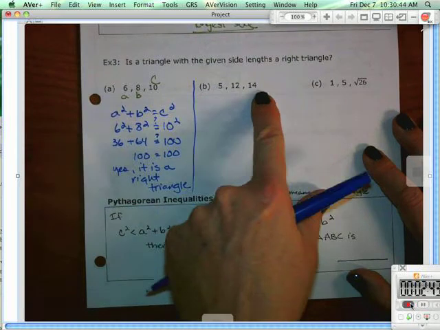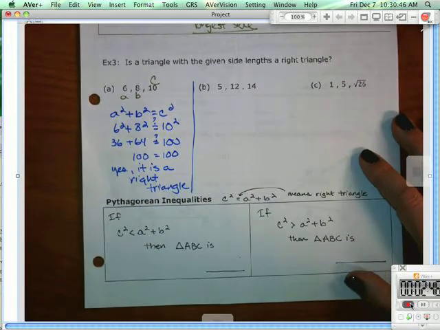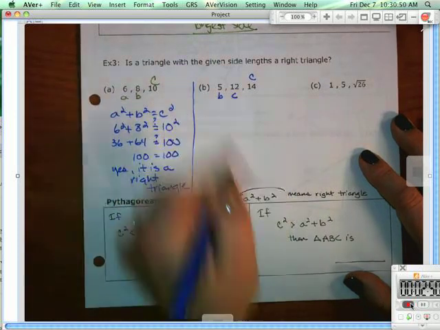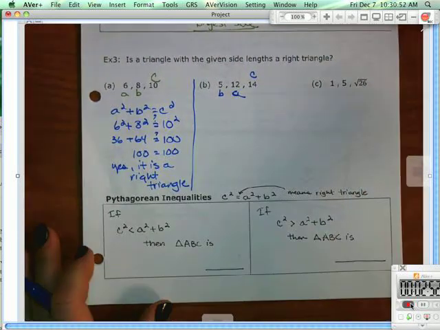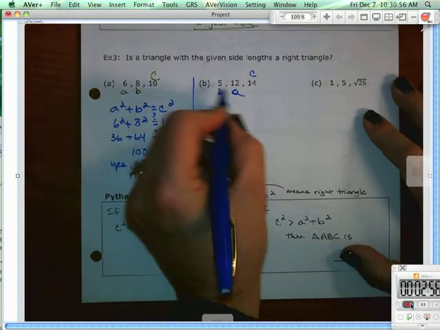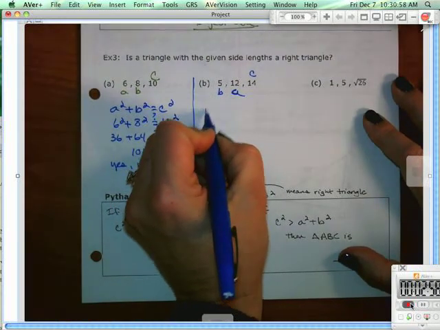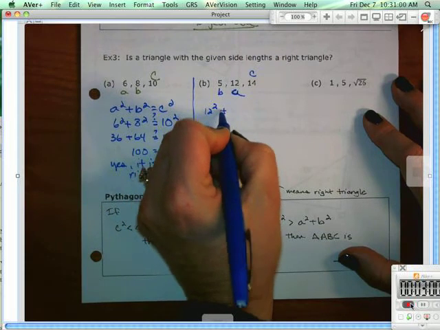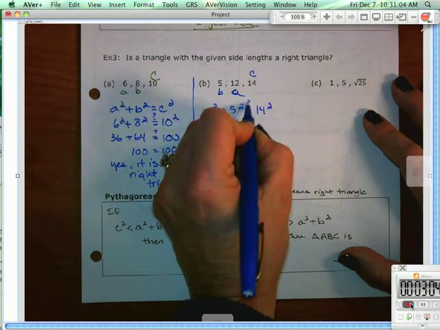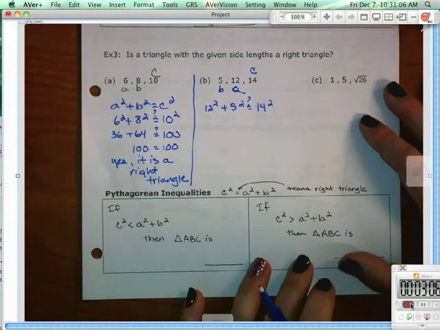So, which one do I have to make C? 14. Let's just make this B and this C and this A for the heck of it. A and B, doesn't matter. C has to be the longest. So I'm going to plug it into the Pythagorean theorem. A squared would be 12 squared. B squared would be 5 squared. Is that equal to 14 squared? Let's find out.